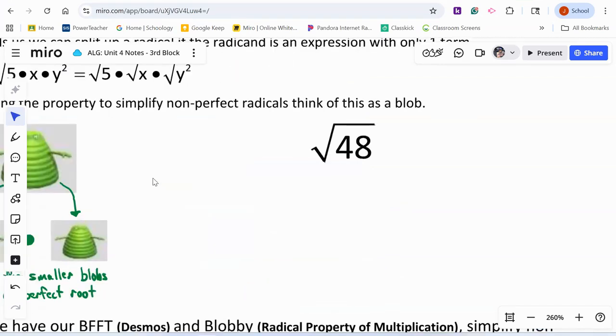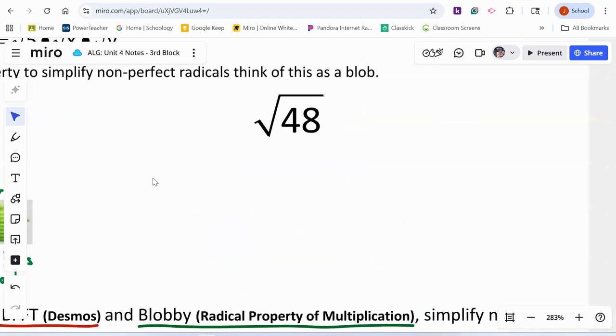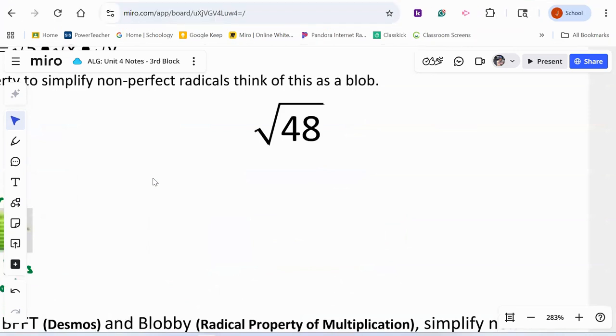All right, so let's apply our Blobby principle here with this example, the square root of 48. The square root of 48 right now is not written with any multiplication. That's just a fully simplified answer. But we could rewrite the square root of 48 as the multiplication of two numbers. Let's just go with the easiest one, 2 times 24.